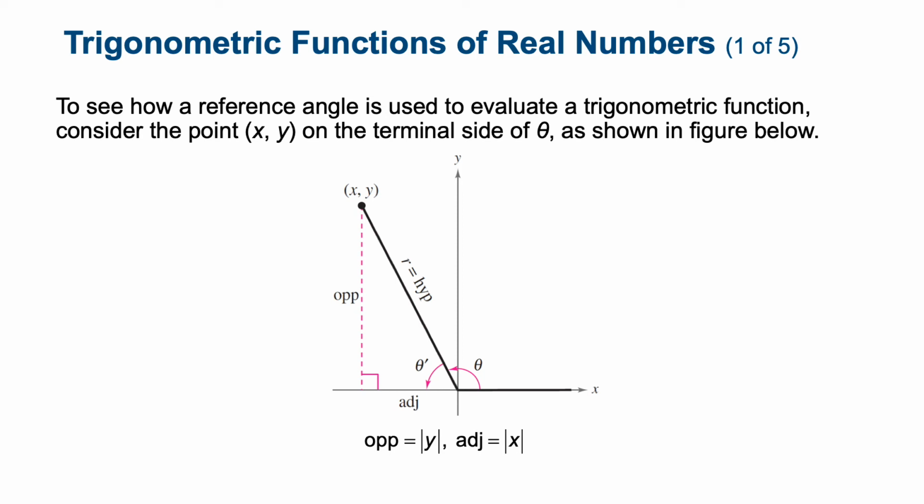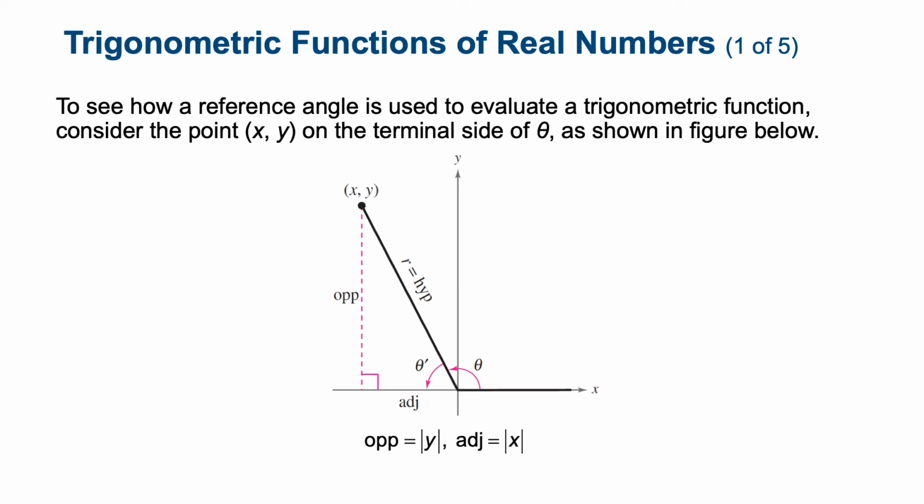And the adjacent side of this right triangle that we've created is merely the absolute value of x, and of course we use absolute value of x because distance is never negative. So we're thinking of it as a distance.